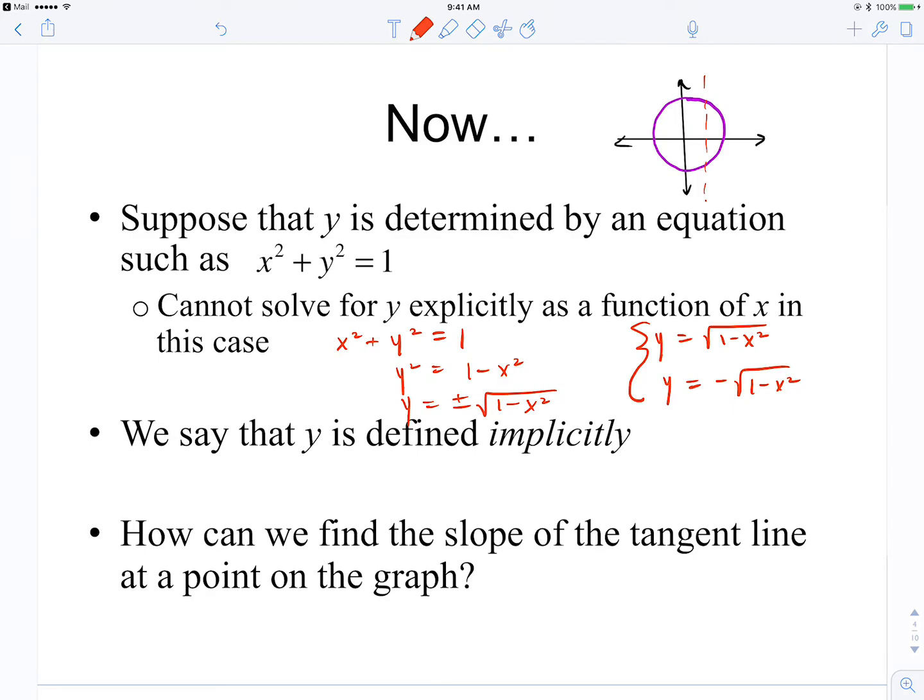So we say that y is defined implicitly, basically meaning we cannot get y by itself on one side of the equation. So if we want to find the derivative, dy over dx, for this equation where y is defined implicitly, we have to use implicit differentiation.